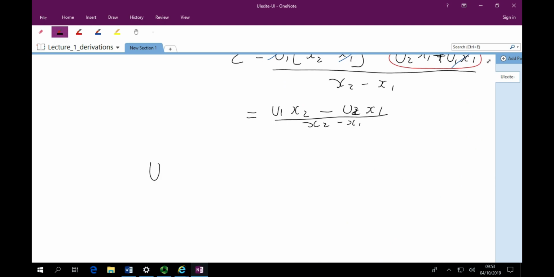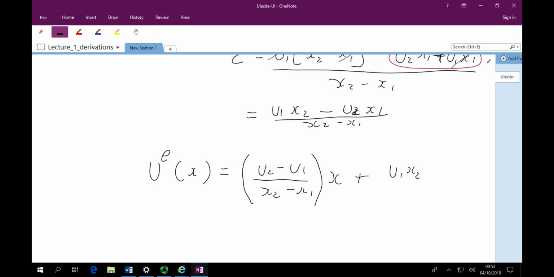So the equation for u element as a function of x is equal to the expression for m that we know from before, u2 minus u1 over x2 minus x1, times x, plus the expression for c we've just derived, which is u1 x2 minus u2 x1 all over x2 minus x1.